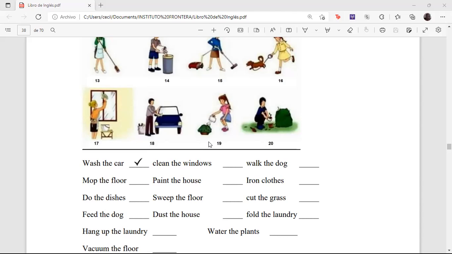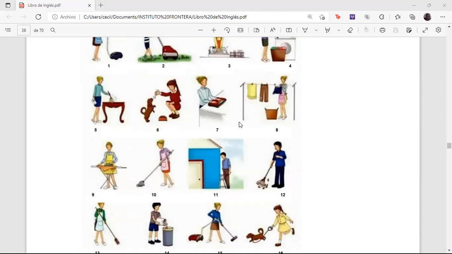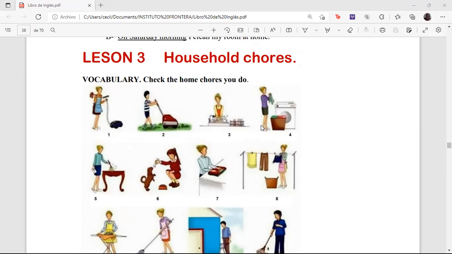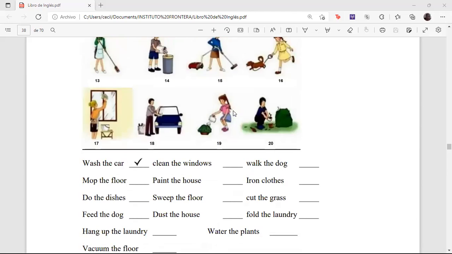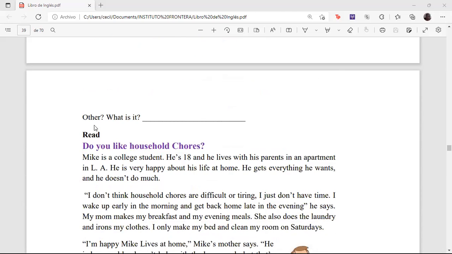There's the paint. Okay. Paint the house, iron the clothes, hang the laundry, fold the clothes or the laundry, do the laundry, wash the dishes. So you have all of these, and each one of them you have to mark. Now we're going to continue here.